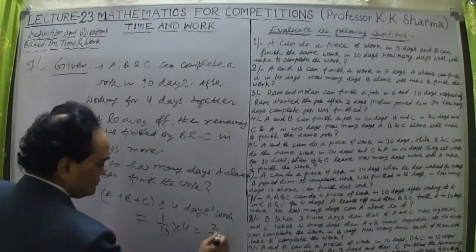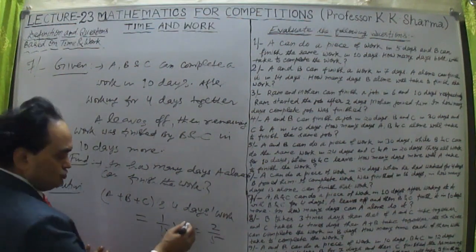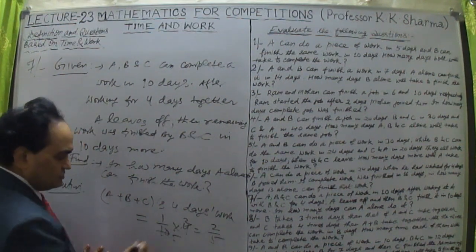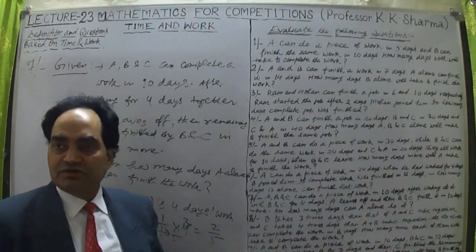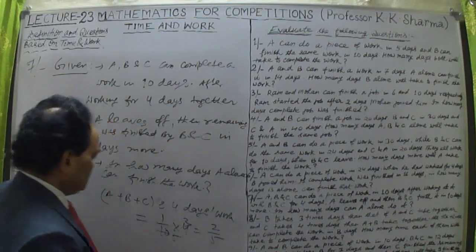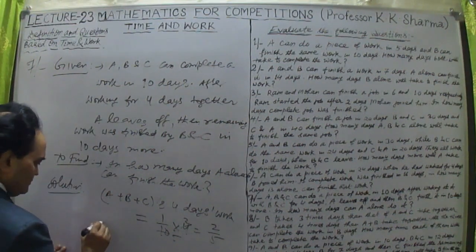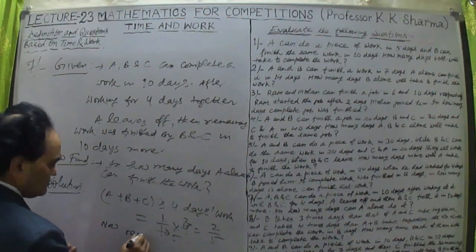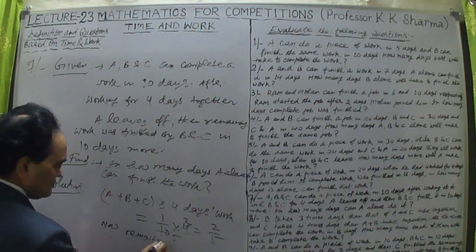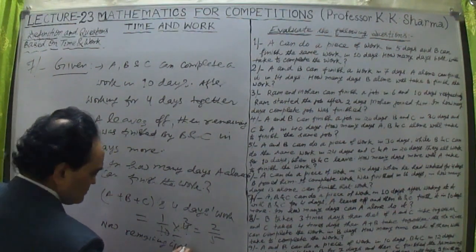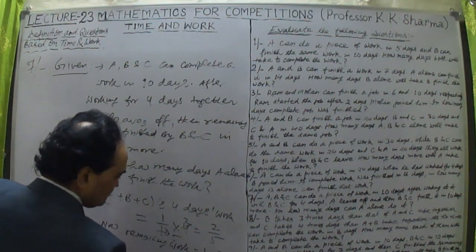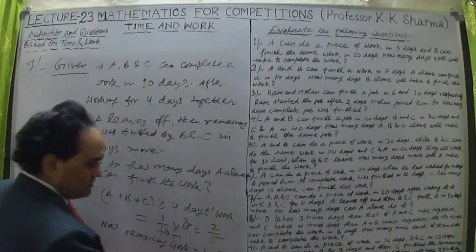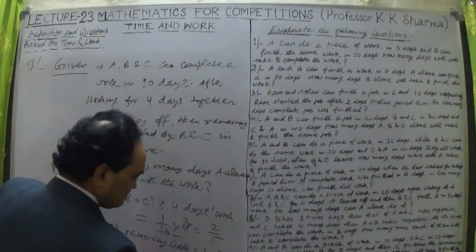This is 2 by 5. 2 fours are 8 and 2 fives are 10, so 2 by 5 work is completed. Remaining work is 3 by 5. The remaining work is 1 minus 2 by 5, where 1 is the complete work. Minus 2 by 5, the remaining work is 3 by 5.